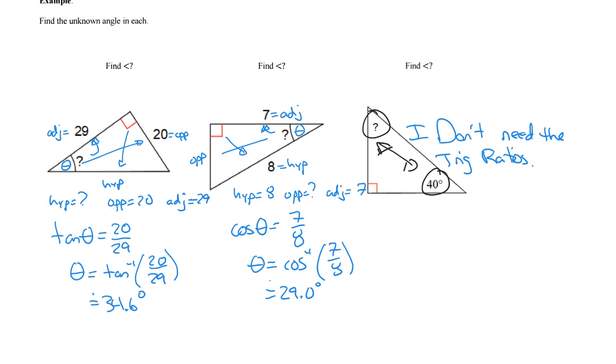So my question mark, or my theta, should be 90 degrees minus the 40 degrees I'm given, and so theta is equal to 50. It's just a matter of adapting to whatever information you've been given. I hope that gives you a little bit of confidence moving forward with these ratios. There's still a whole lot more to cover, but this is a good grounding to get you started.